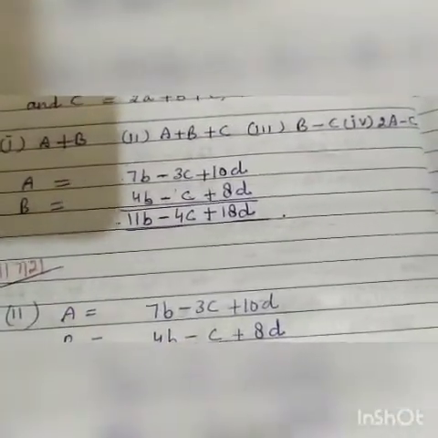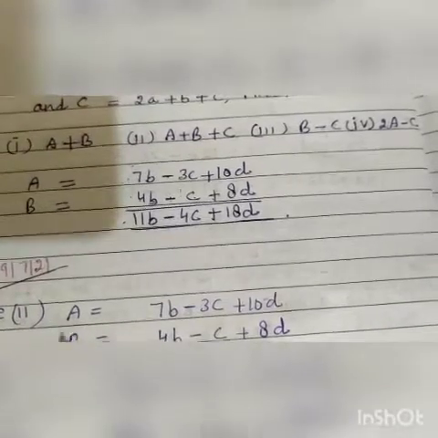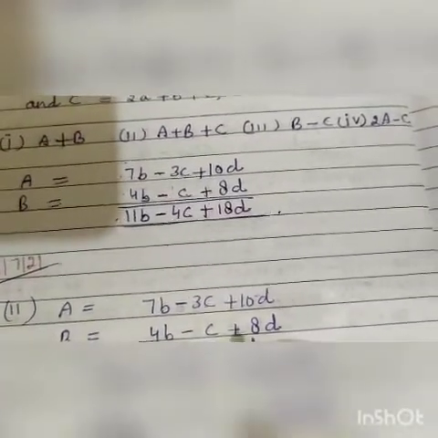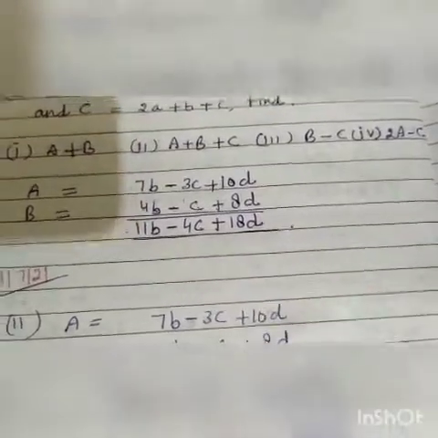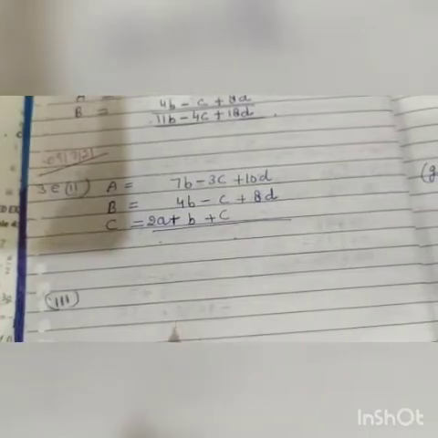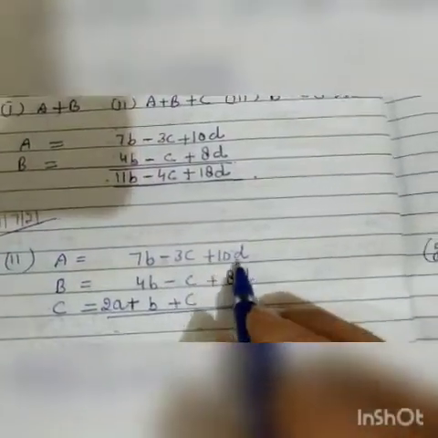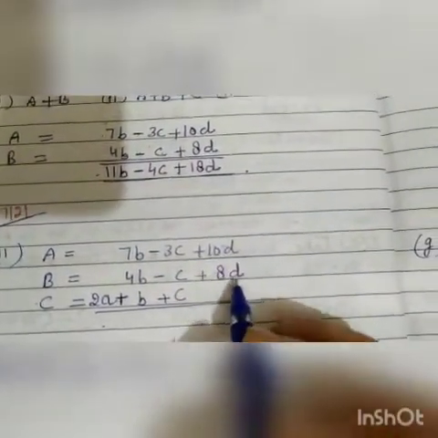Now we will find a plus b plus c. It means we have to add these three expressions. Again the same rule we will follow, as I told you earlier. Here it is plus 8d, plus 10d, plus 8d.